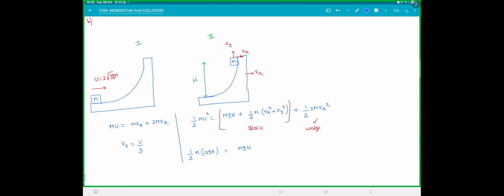This is mgh, that will be 3 by 2 mVx square plus half mVy square. This will be 6. If you bring this thing, this will be 5 mgh. This will be 3 by 2 m u square by 9.